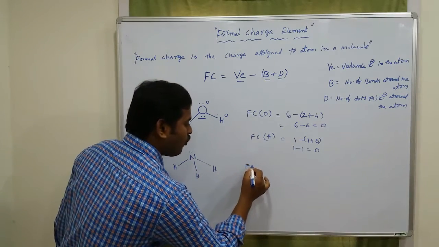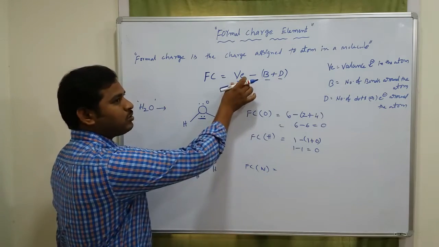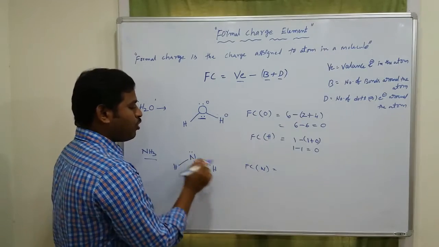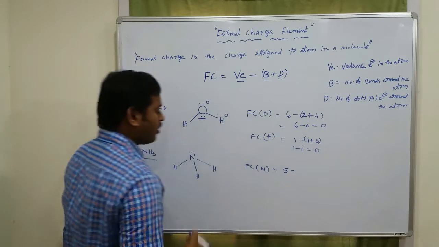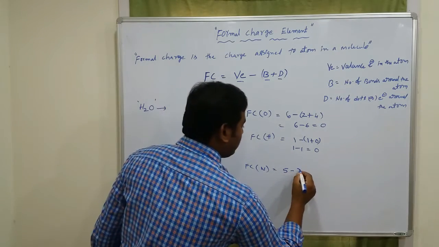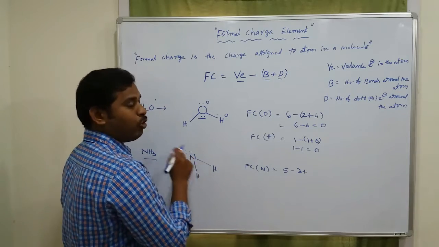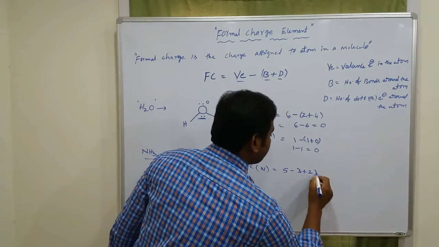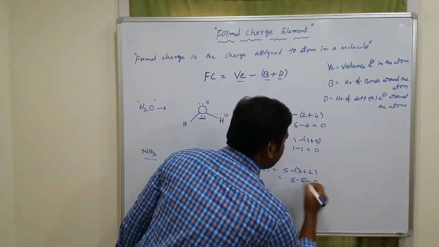Now we are going to calculate the formal charge of nitrogen. Valence electrons is the same as its group number. Nitrogen's group number is 5, so valence electrons is 5. The number of bonds is 1, 2, 3, so 3, plus around the nitrogen atom there are 2 electrons, so 3 plus 2. So 5 minus 5 equals 0.